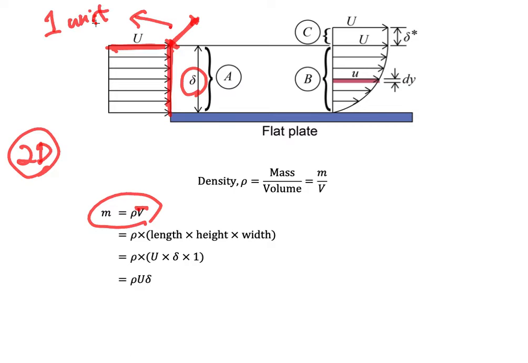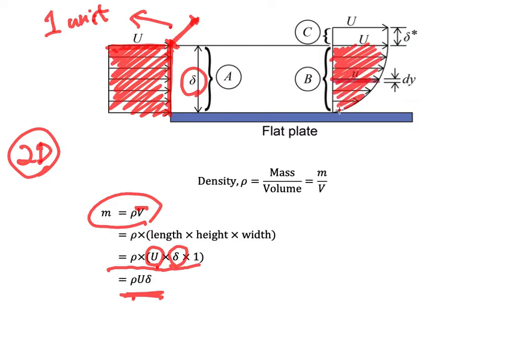So to calculate the mass, we just calculate rho and the volume. The volume is U times delta, so we get rho U delta as the mass. We could calculate the mass of this one, and then it must be equal to the mass of the B region plus the region of C. Okay, so that is the idea.